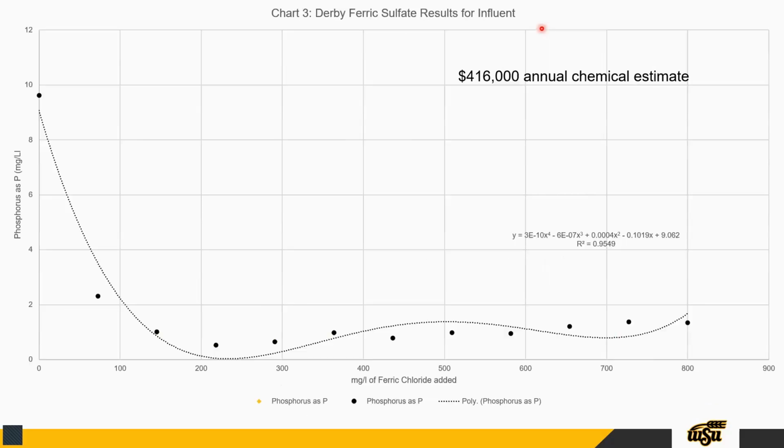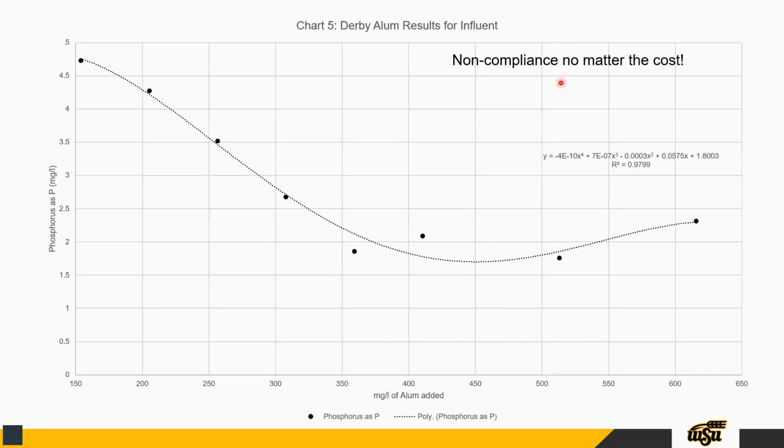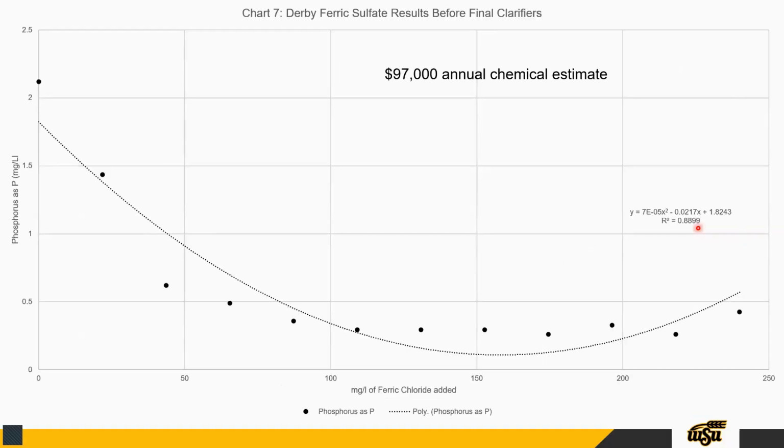So you could get away with ferric sulfate for the influent and get to low levels. Dosing alum in the influent didn't really work. You saw that it would peter out at about 2 milligrams per liter, despite how much alum you wanted to add. Then we saw that ferrous sulfate before the final clarifiers got you there.